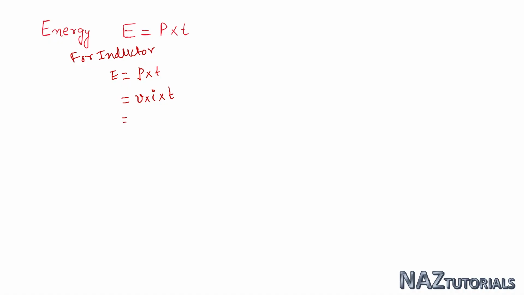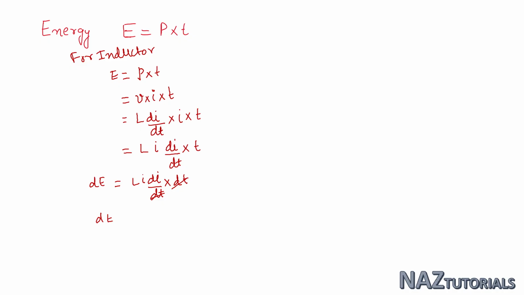So you can write V is equal to L di by dt, into I into T, or L I di by dt into T. If you differentiate on both sides, this is L I di by dt into dt. This dt is cancelled, so the inductor energy dE is equal to L I di.